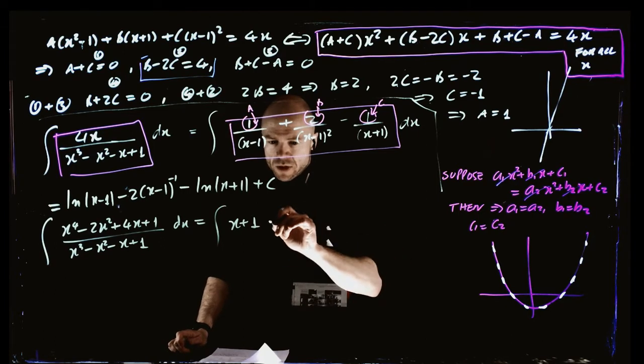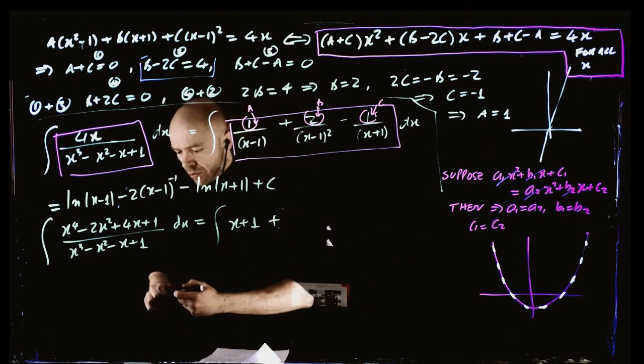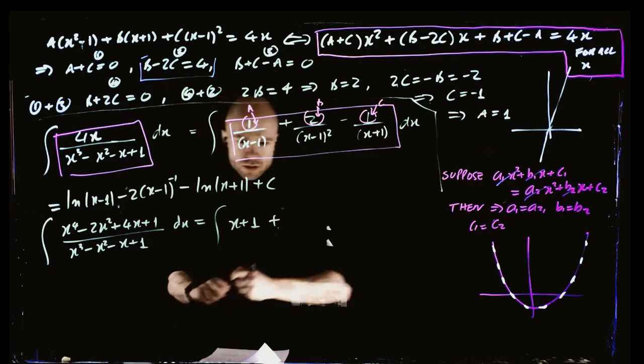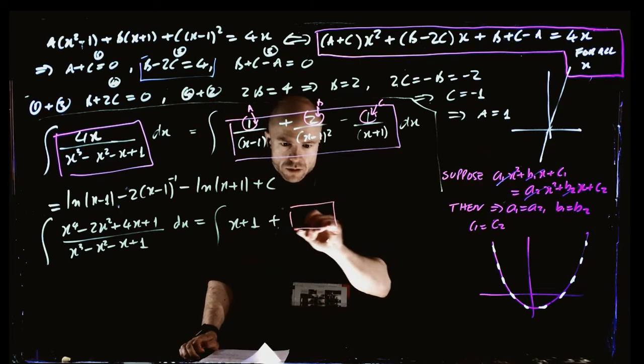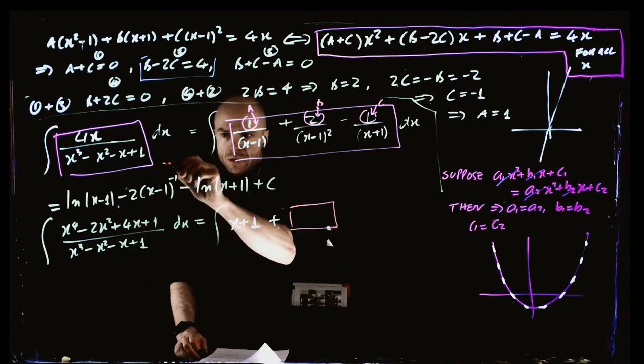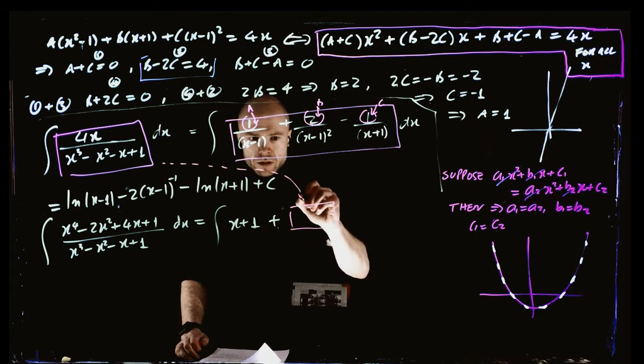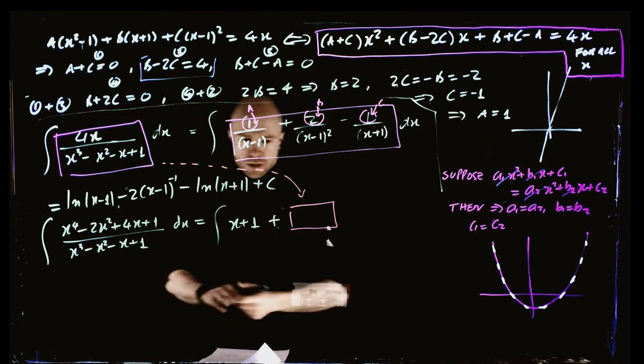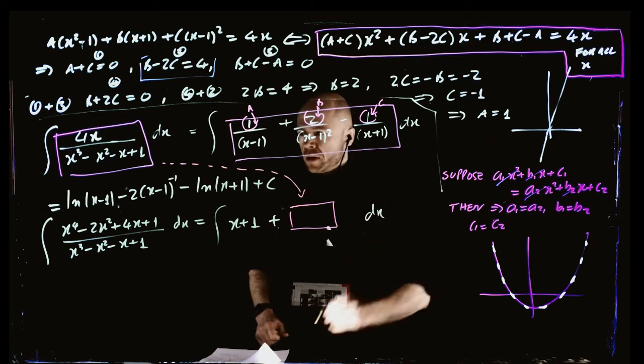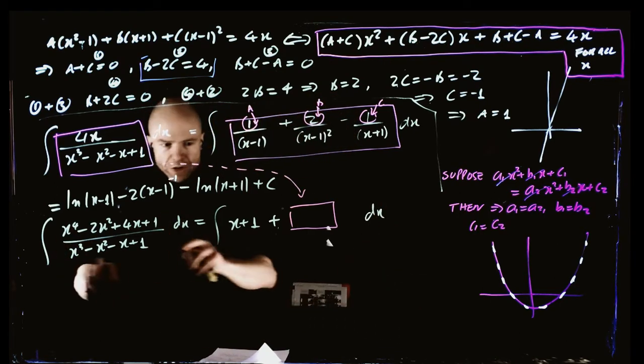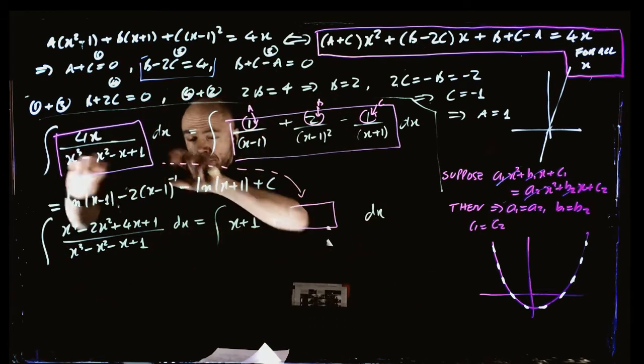It's the same as x plus 1 plus the stuff in the red box, dx. Because by long division, this expression was x plus 1 plus the stuff in the red box, yeah?